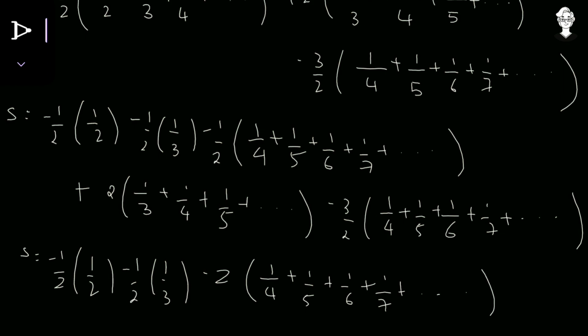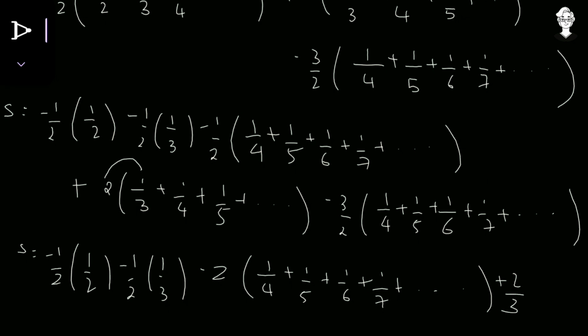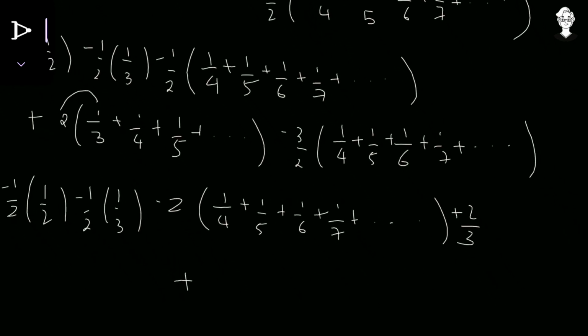So what I will do is open up 2 with this thing, but keep all this thing as it is, so it will give me plus 2 upon 3, that is 2 multiplied with 1 upon 3, plus 2 multiplied with 1 upon 4 plus 1 upon 5 plus 1 upon 6 plus 1 upon 7 plus dot dot dot. So what we did is just open 2 with 1 upon 3 over there, and the rest of the bracket as it is, that is 2 multiplied with 1 upon 4, 1 upon 5, and because of this infinity we contain 1 upon 6, 1 upon 7 also over there, means all these things go up till infinity.